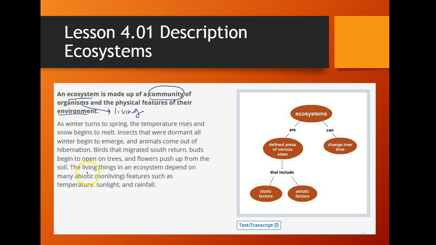The living things would be all the organisms, and then we have other non-living things which we're going to call abiotic, such as temperature, sunlight, and rainfall. So those two things together are what we're going to call an ecosystem.